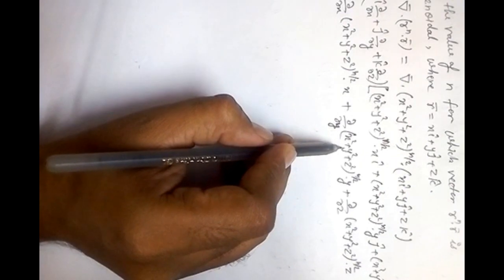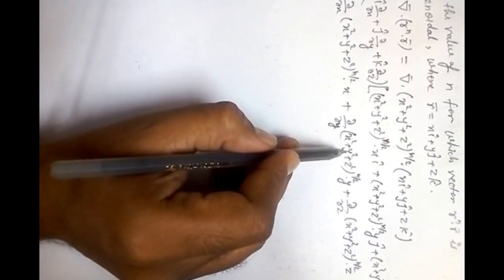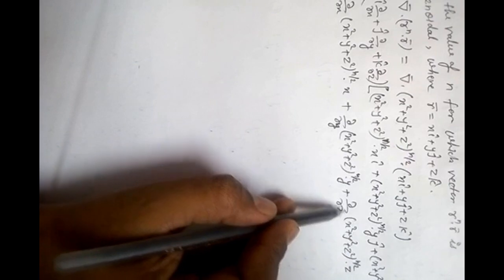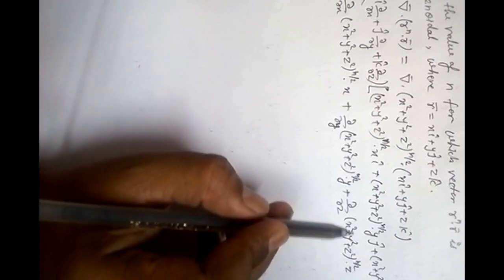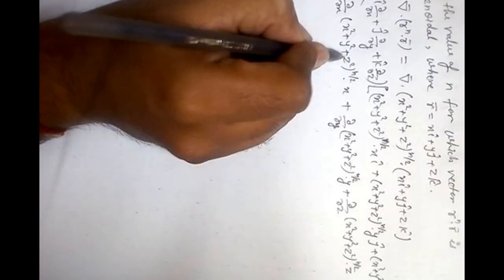Here we differentiate partially with respect to x, treating y and z as constants, here with respect to y only, and here with respect to z only.